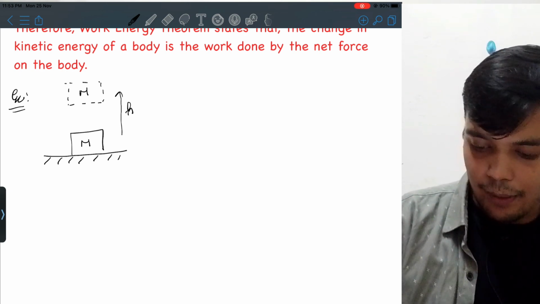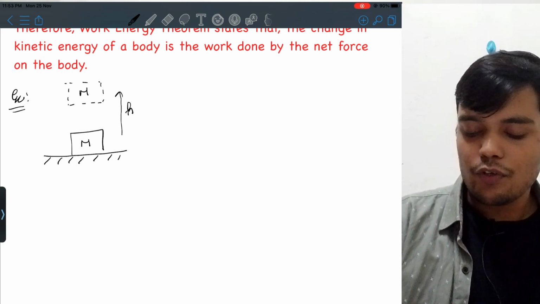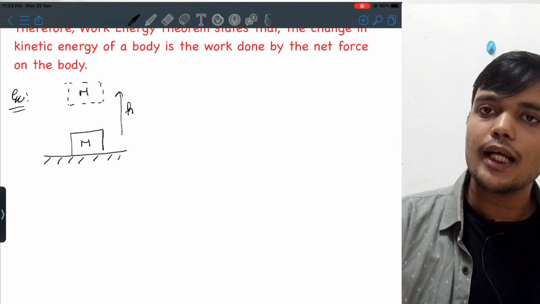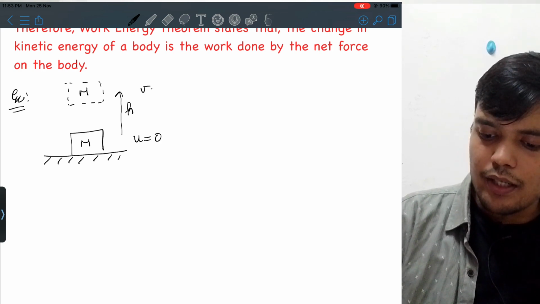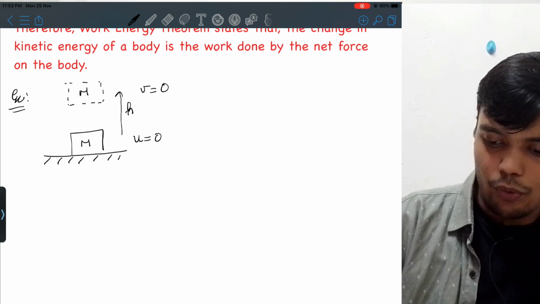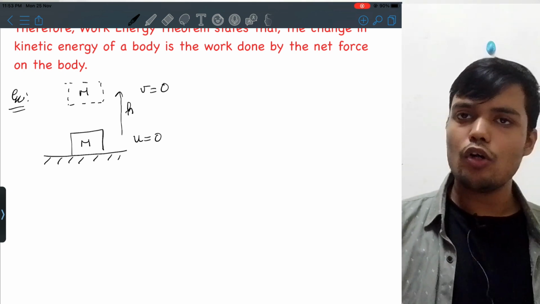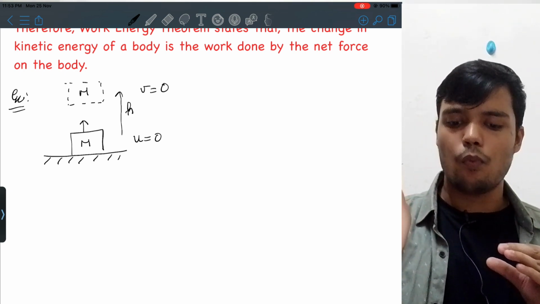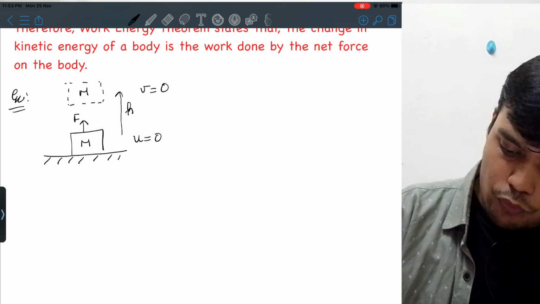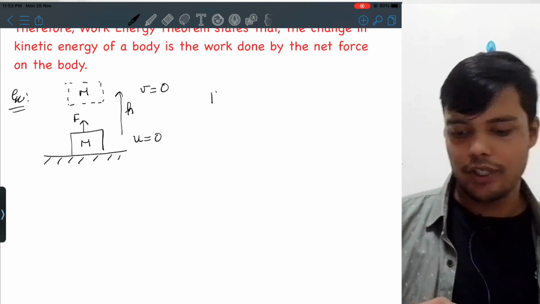We have a box of mass M, which we have to lift to a height h such that the initial velocity is 0 and the final velocity is also 0. We very slowly move it upwards by applying a force F on it.